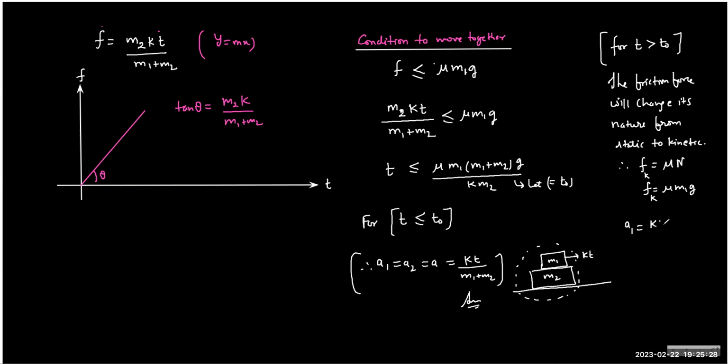A1 was how much? kT minus F, but F is now Fk. This is the answer, and A2 will be F by m2. Is this clear? And what you can realize is that A1 will have a time dependent relation, but A2 will be constant, isn't it?